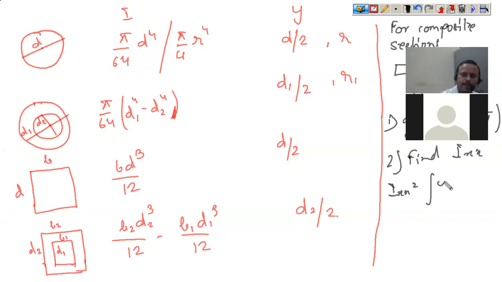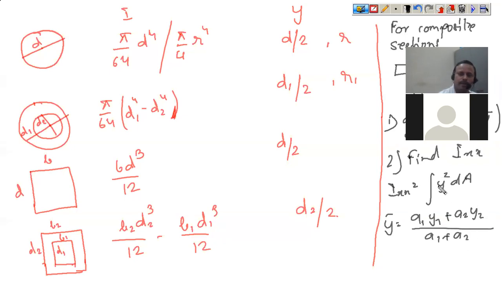Ixx is equal to integral y square dA. And to determine the centroid, you take A1 y1 plus A2 y2 divided by A1 plus A2. And for Ixx, you need to apply the parallel axis theorem and calculate the value of Ixx for these two. So once this is done, you have calculated I and y.